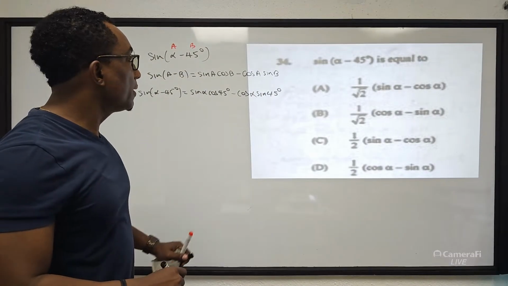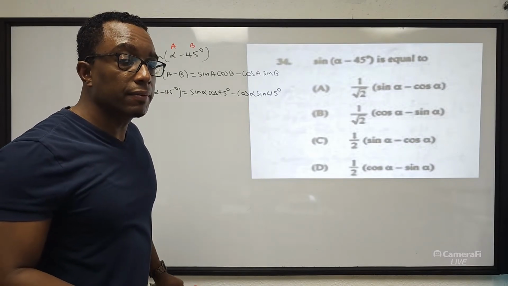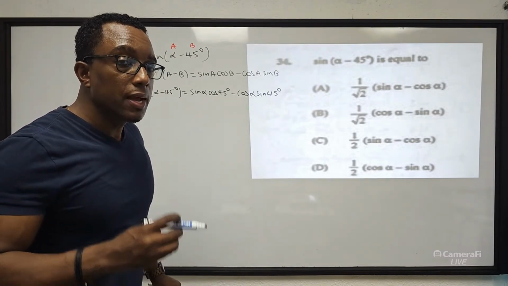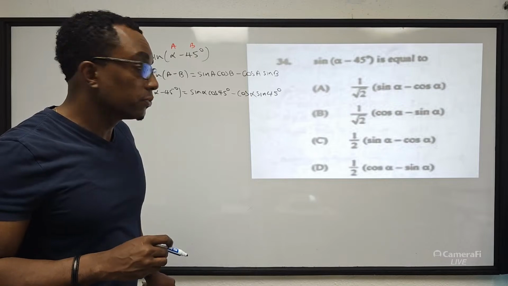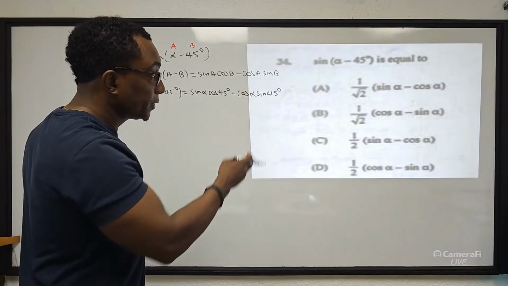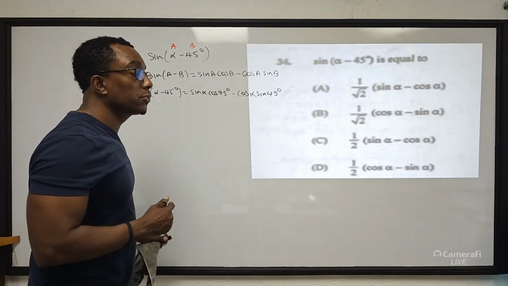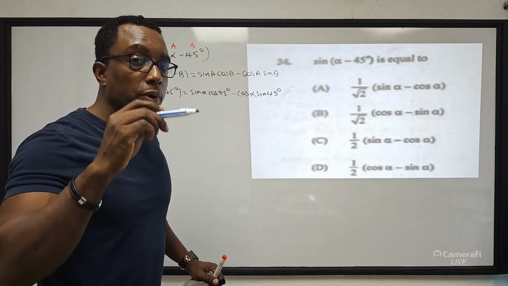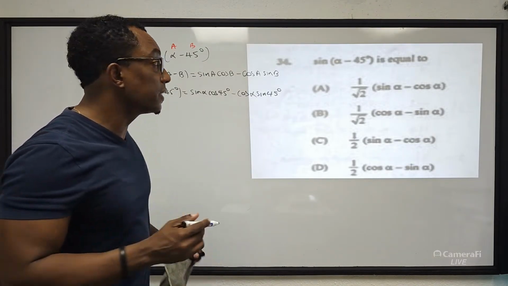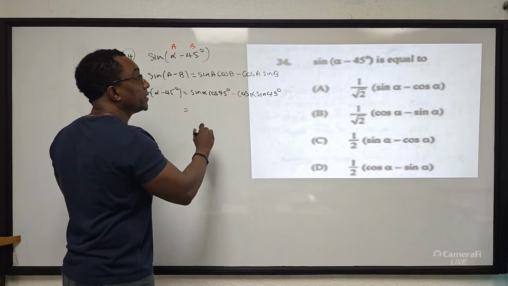Of course, cos 45 and sine 45 are special angles, and both are 1 over the square root of 2. Looking at the options, I'm seeing 1 over the square root of 2. It can also be expressed as the square root of 2 over 2 when you rationalize it.